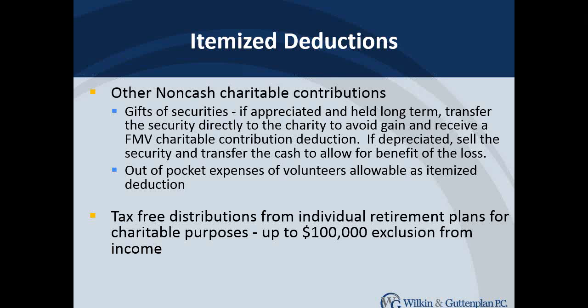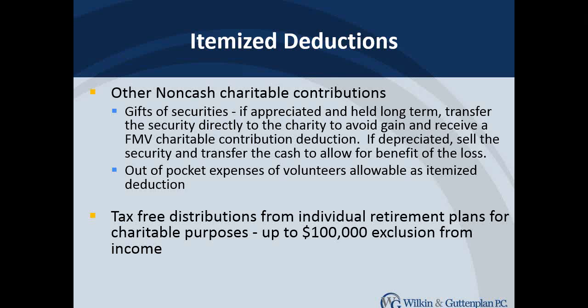And that really gives you two big benefits. First, you don't have to pay tax on that gain. So now you've saved yourself the 15% or 20%, whatever your capital gain tax rate is, automatically. The other thing you do is you get a fair market value charitable deduction for the contribution of that security. So it's a really great strategy for taxpayers that are charitably inclined to really see two benefits at once.